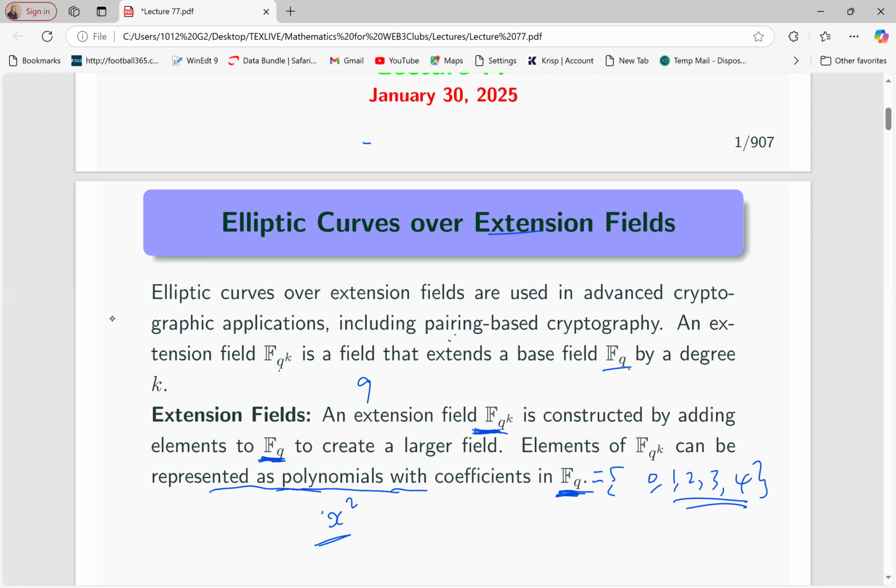That is what you're saying here: the new points that we've added will be in the form of polynomials, and the coefficients of these polynomials will be members of the original field.